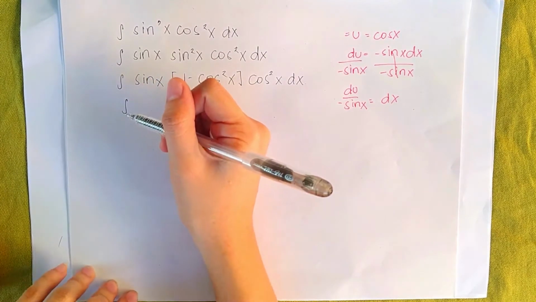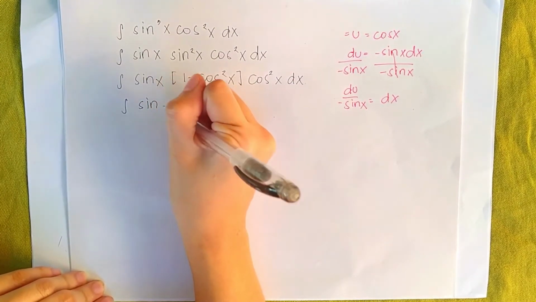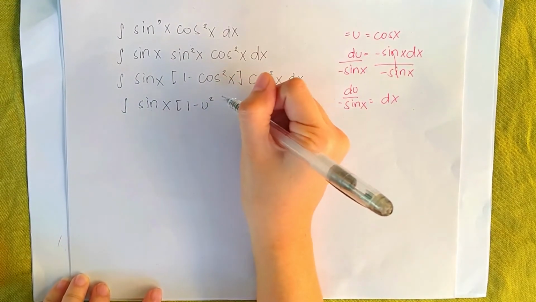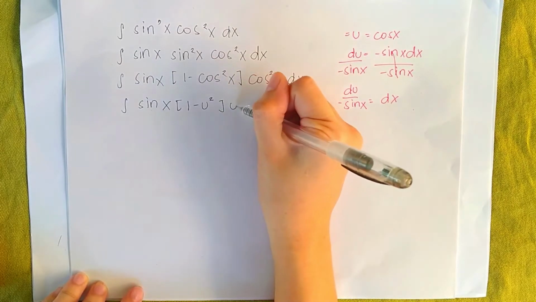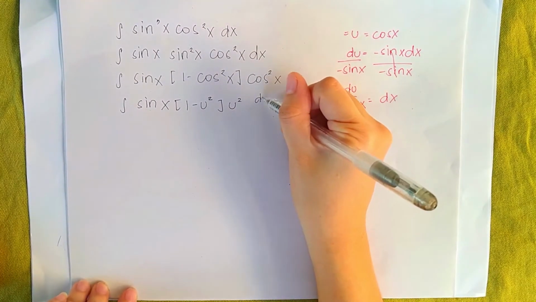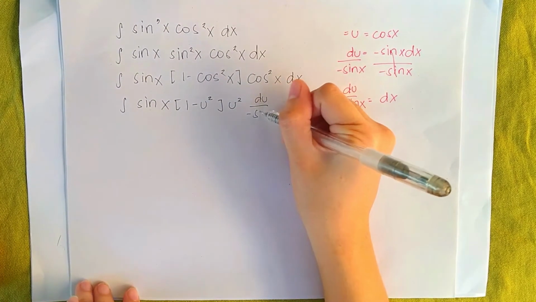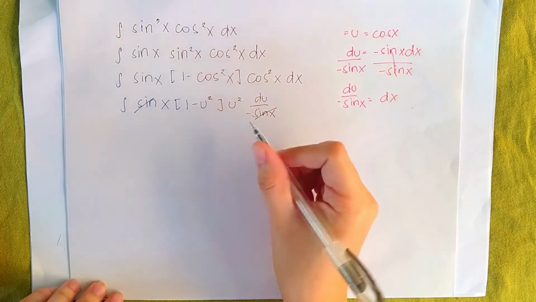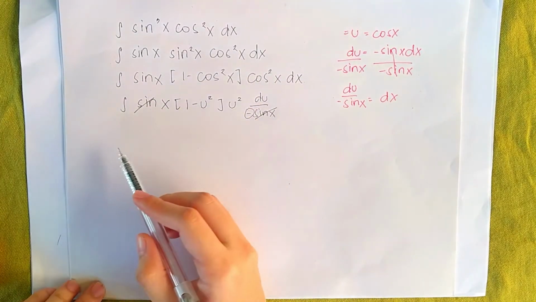So now we substitute the values. So sine x times 1 minus u squared times u squared du over negative sine x. So cancel sine x. So the negative sign will be in front.